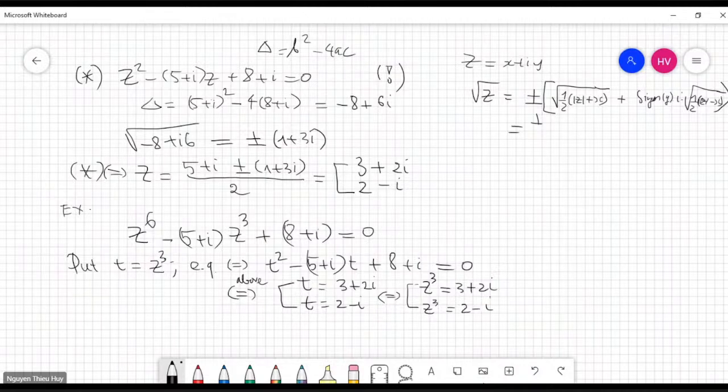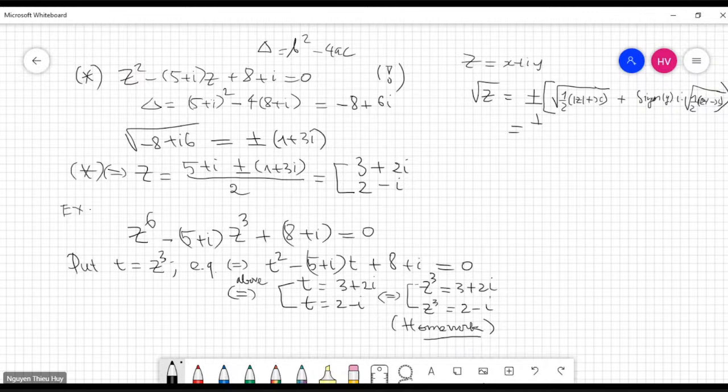Now you can take the third roots. We already knew how to do this, so let's do it as homework. It's easy now. And there are some other exercises in the same spirit. You have to change the quadratic equation, solve it, and then change back to the original equation by substituting t by the original variable.